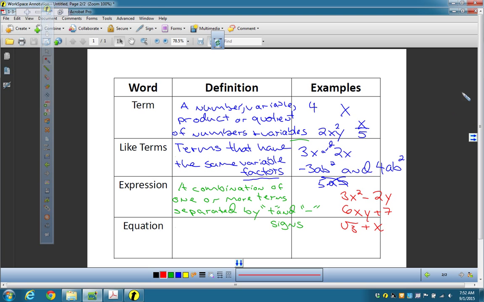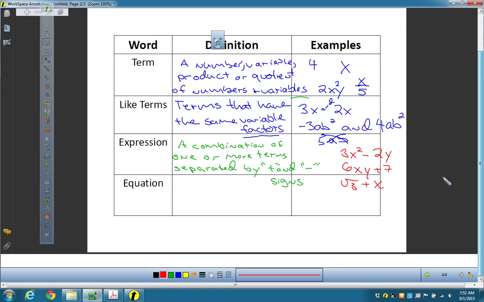And then lastly, we have equations. What makes an equation an equation? It has an equal sign in between, okay? So an equation is just two expressions set equal to each other.